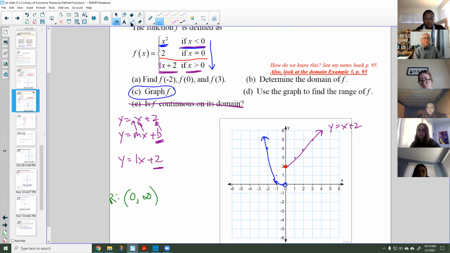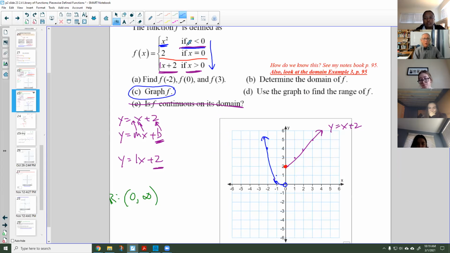So I had my x squared graph, the whole thing in blue. But then I saw that my domain was only where x is less than 0, so I just got rid of the part where x wasn't less than 0. And I did that for all 3 sections.